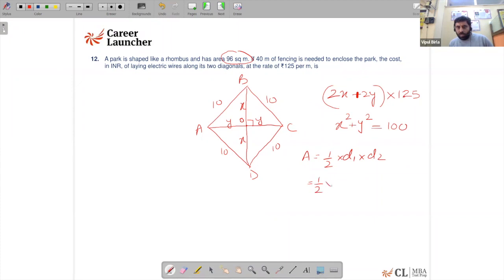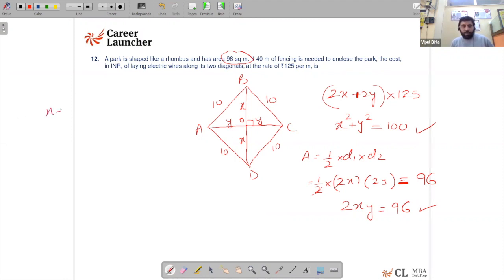So half into one diagonal 2x, the other 2y, and their product is given as 96. So this 2 will cancel here, and I end up getting 2xy is equal to 96. So these are the two pieces of information which are given: x square plus y square is 100 and 2xy is equal to 96. And basis that I need to identify the values of x and y.